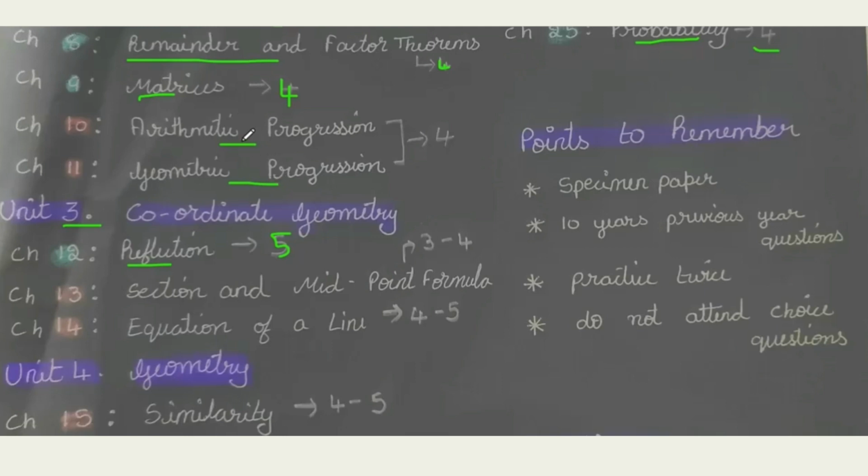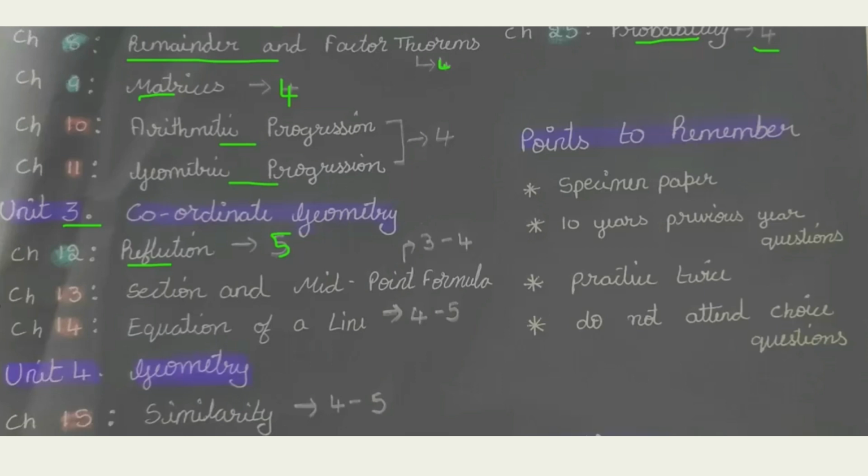In arithmetic progression and geometric progression, both chapters carry 4 marks weightage. One question will definitely come in part A or part B. I guess in part B you could definitely get arithmetic or geometric. In both, any one question will come for 4 marks.